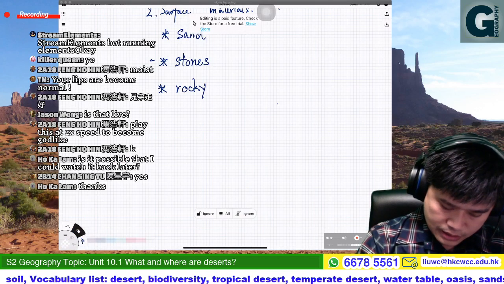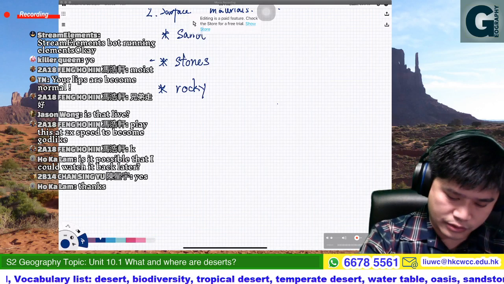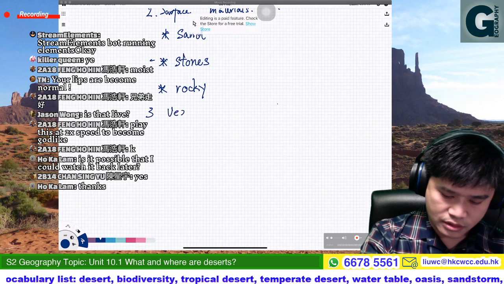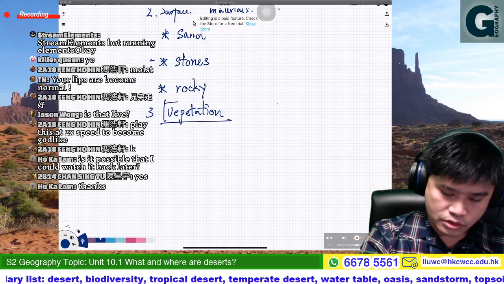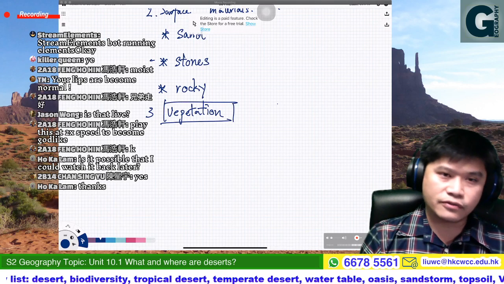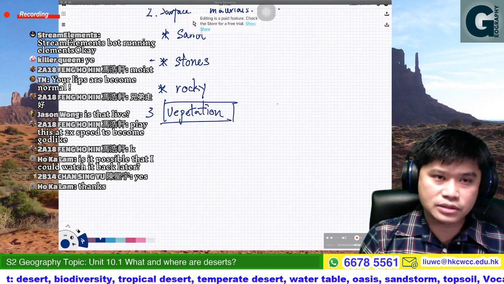Then the next characteristic, vegetation. What would be the characteristics of vegetation in the desert?